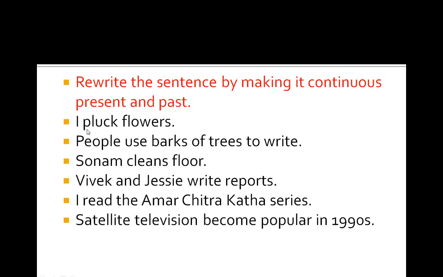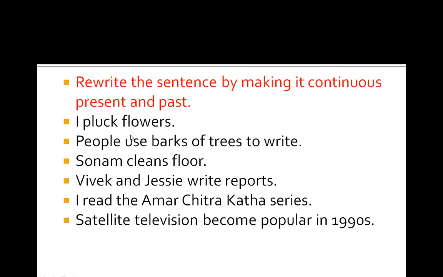First sentence, I pluck flowers. If you want to turn it into continuous present you must use an auxiliary verb along with the correct verb form, the ing form of the verb. Let's see. I pluck, so it will become I am, pluck becomes plucking. I am plucking flowers.